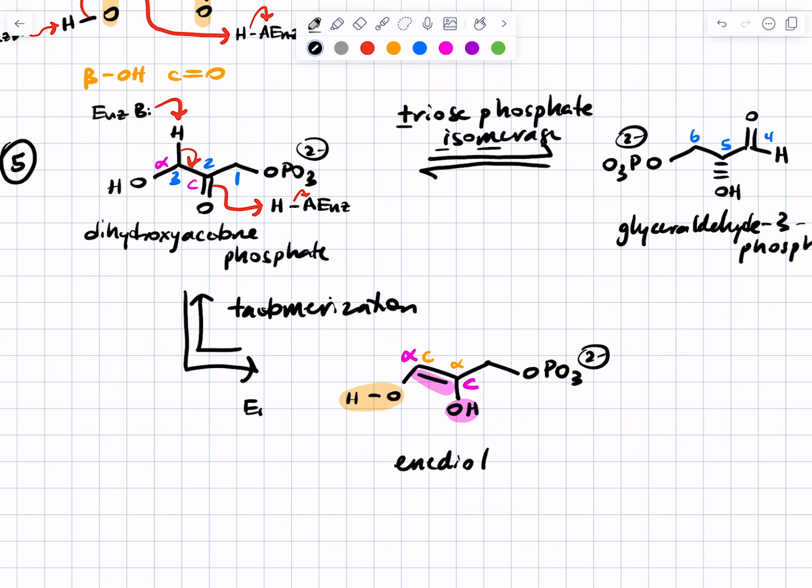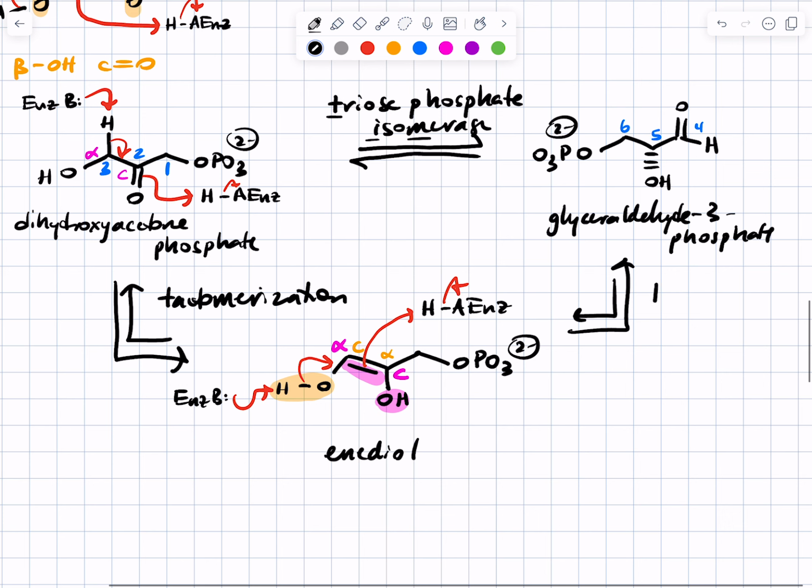To get to the aldehyde, we simply deprotonate on the orange oxygen, and we protonate on the orange alpha carbon. And that gives you glyceraldehyde 3-phosphate, again, by a tautomerization step.